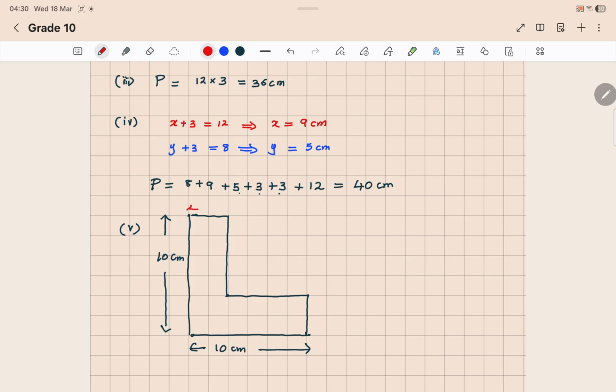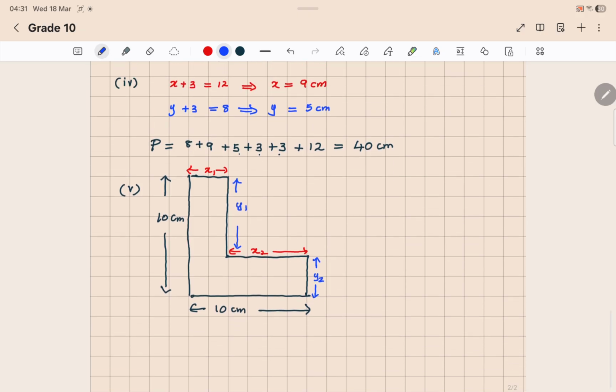So let me label this length as x1 and this length as x2, the horizontal lengths, and the vertical lengths as y1 and y2. Now notice, x1 plus x2 is what?